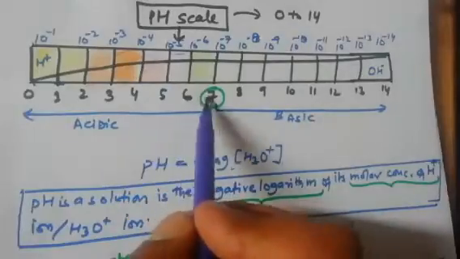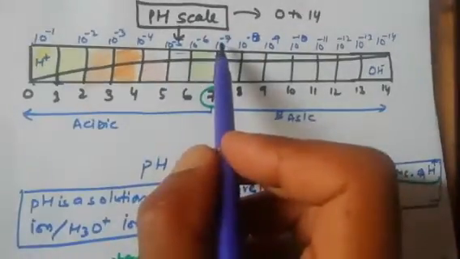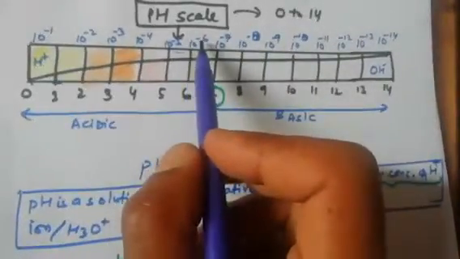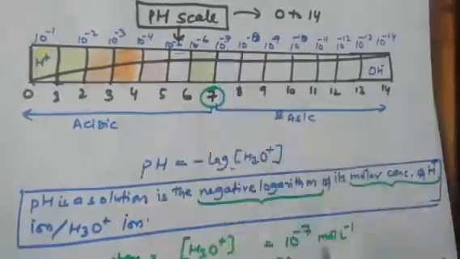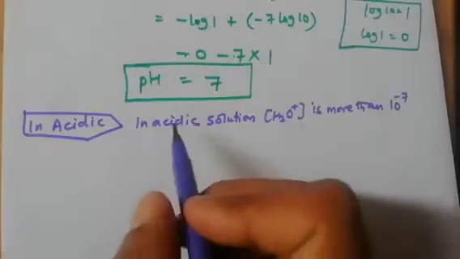Although the number looks smaller, 6, 5, 4, the less the power, the greater is the value. 10 raised to minus 6 is greater than 10 raised to power minus 7, because it is in the negative form.